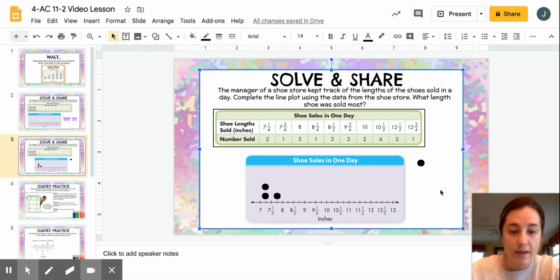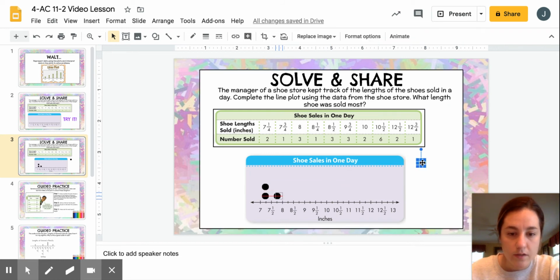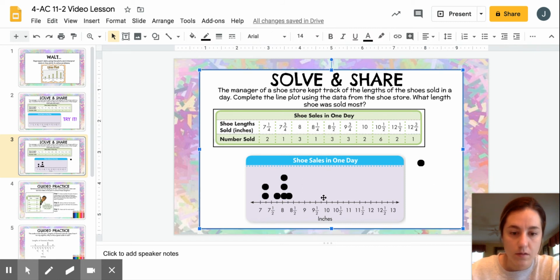Okay, now 8 has 3 dots. So I'm going to put 3 dots above 8. Again, I'm doing this as best as I can. There we go. 8 1/4 has 1 dot. Just going to move that over a teeny tiny bit.